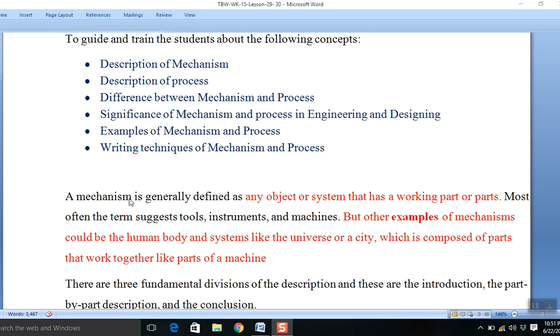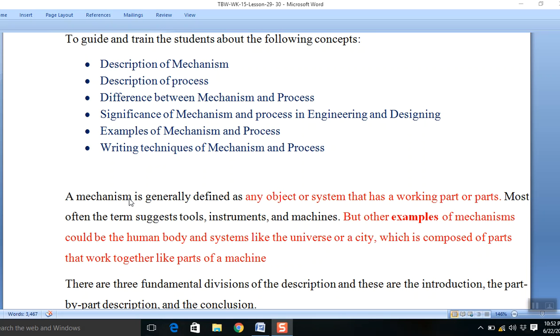A machine is a set of instruments that works as a unit, and each part helps out the other, and finally it performs a function.